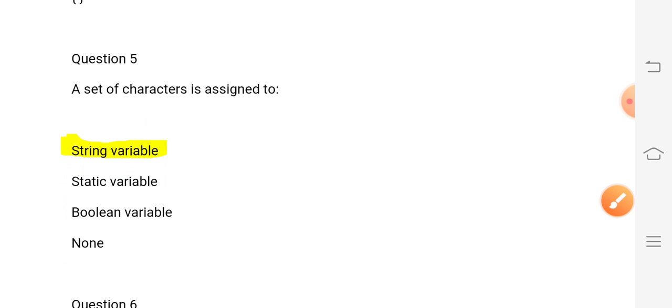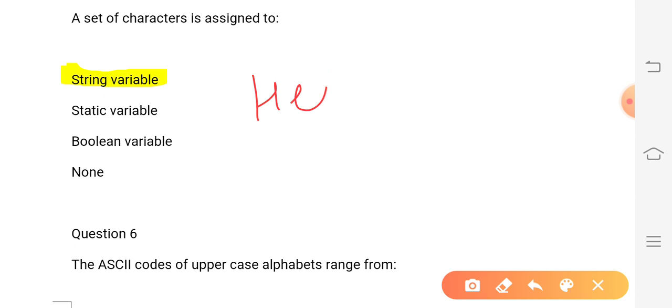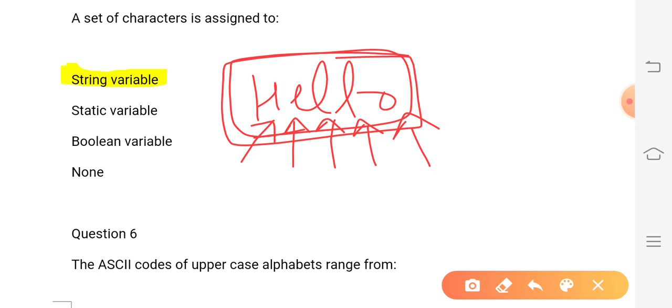5. A set of characters is assigned to string variable. Yes, that means combination of characters. For example, hello. Set of 5 characters, that is H E L L O. If we make this whole set of characters, it will become a string. So that will be assigned to a string type of variable.